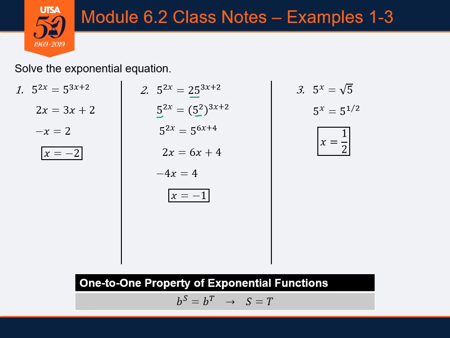And that one-to-one property of exponential functions that we have listed at the bottom of the screen here says that then you can just set the powers equal to each other and solve for the variable. That's one type of exponential equation. In the next video, we'll look at a different type of exponential equation that takes a little bit different strategy to approach and solve.